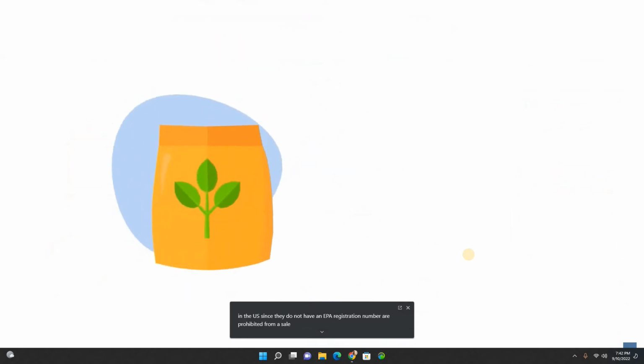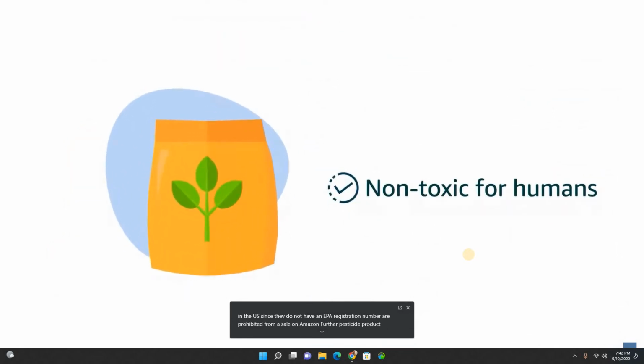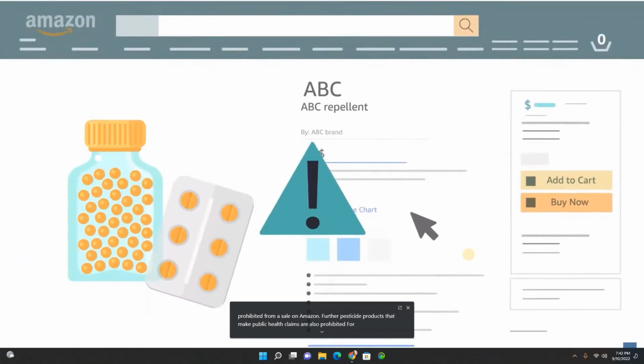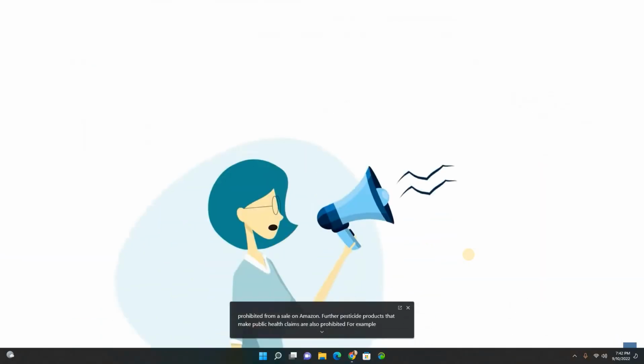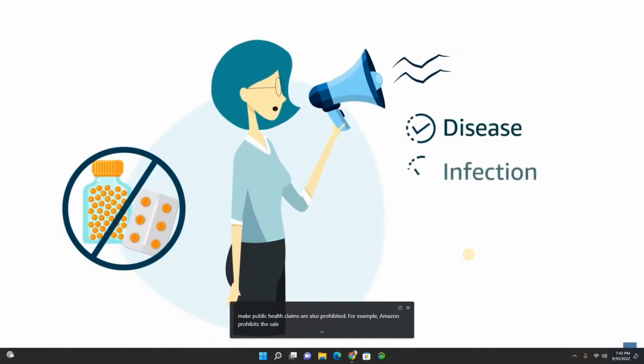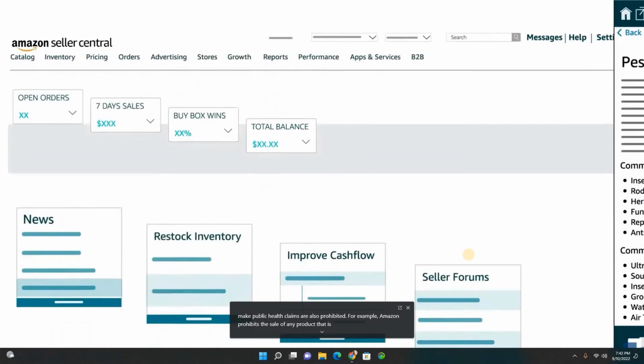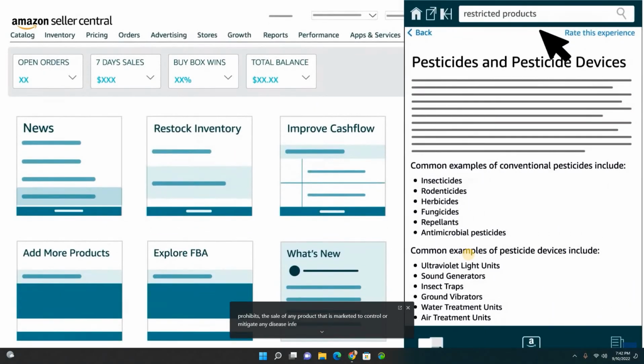Further, pesticide products that make public health claims are also prohibited. For example, Amazon prohibits the sale of any product that is marketed to control or mitigate any disease, infection, or pathological condition. For more examples on prohibited listings, refer to the help page on pesticides and pesticide devices in your Seller Central portal.